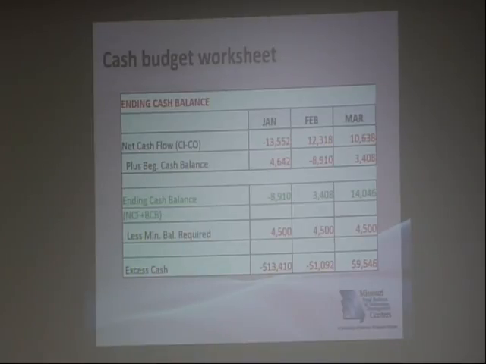If I dismiss the $4,500, I need a minimum of an additional $8,900 to get me through. Those are real cash numbers. I only have $4,600 sitting in my checking account. It's what I've estimated. Okay, makes sense?